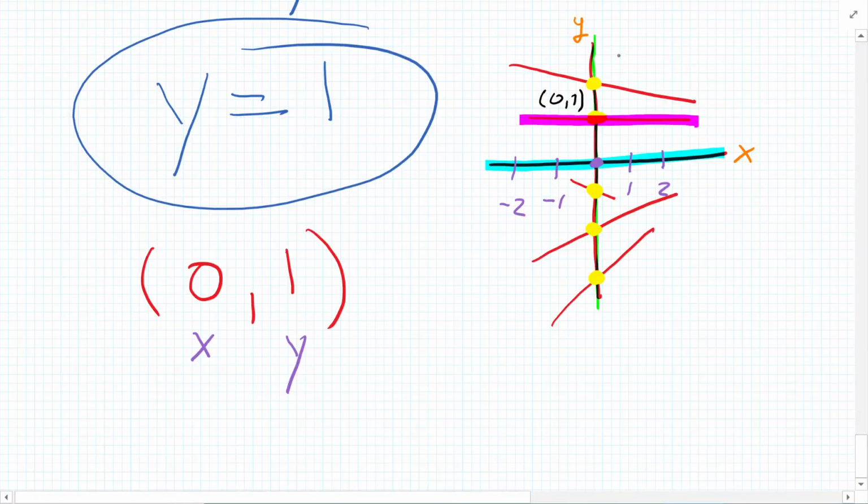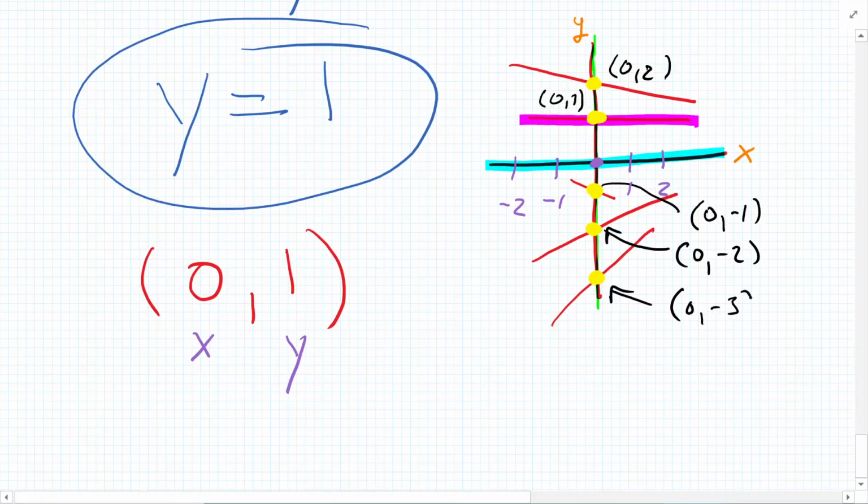And because there's a point above this, that could be 0, 2. This one down here could be 0, negative 1. That might be 0, negative 2. And that could be 0, negative 3.